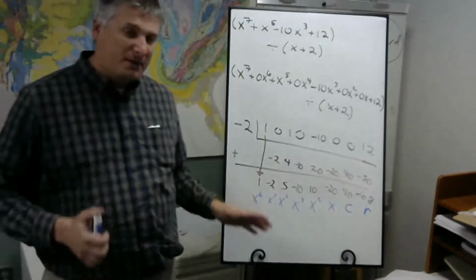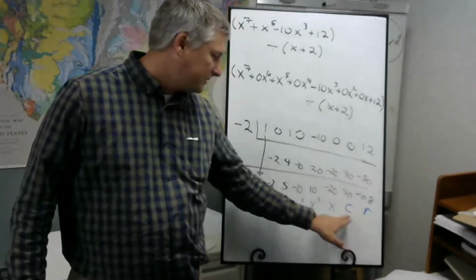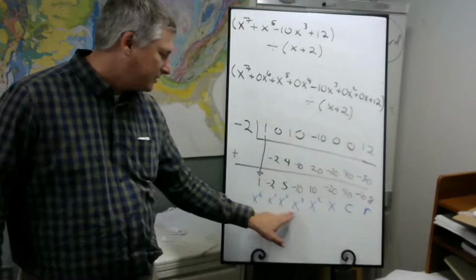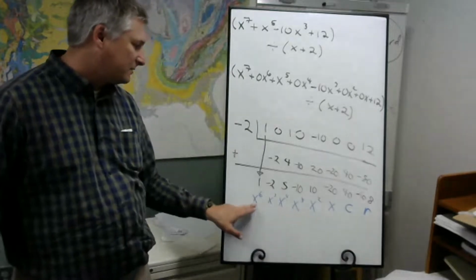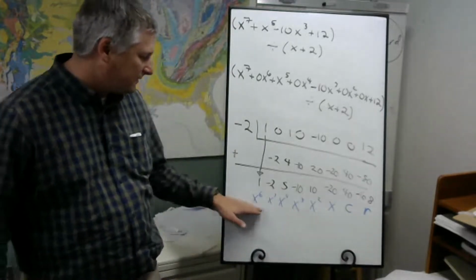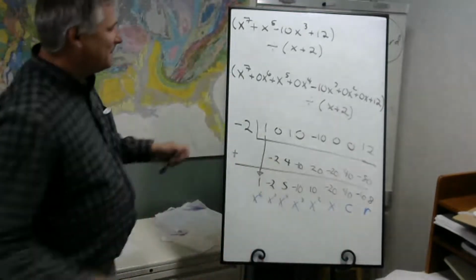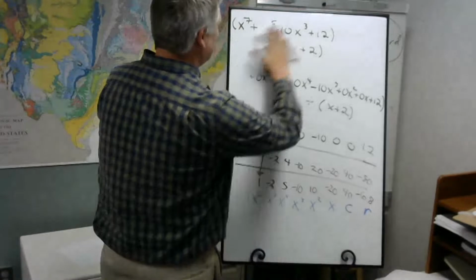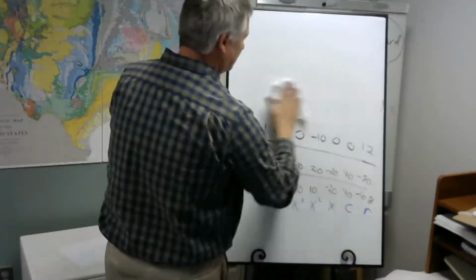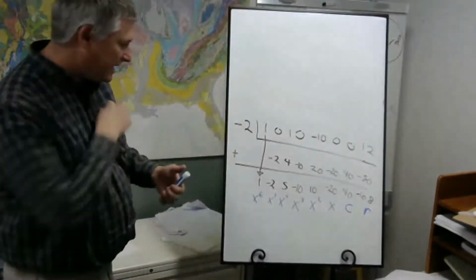And they work in this order: remainder, constant, x, x squared, x cubed, x to the 4th, x to the 5th, x to the 6th. Or you can think of it in this order as being in standard form. So, putting that together, we've got this.